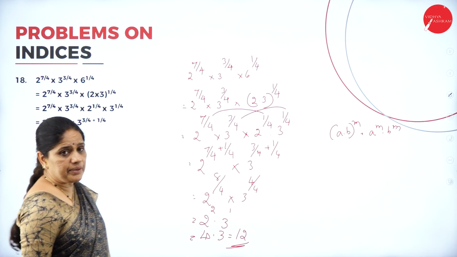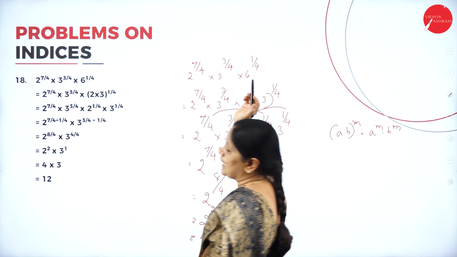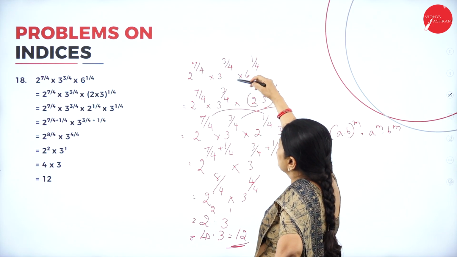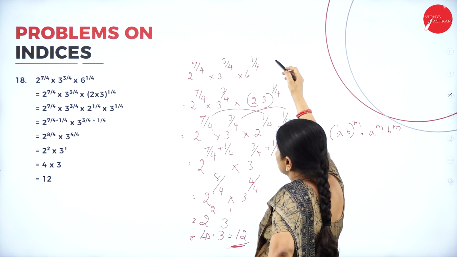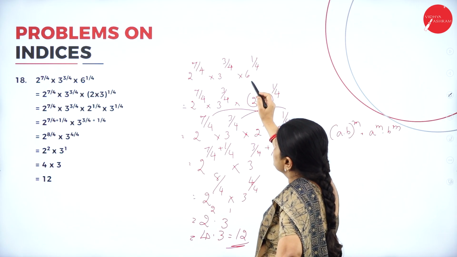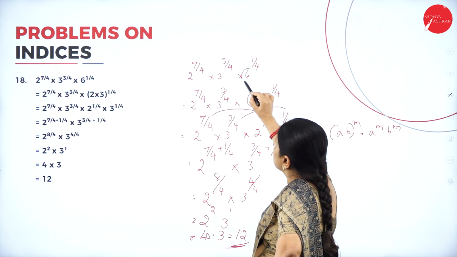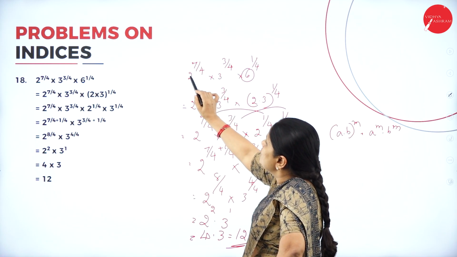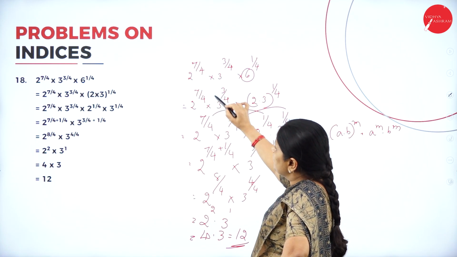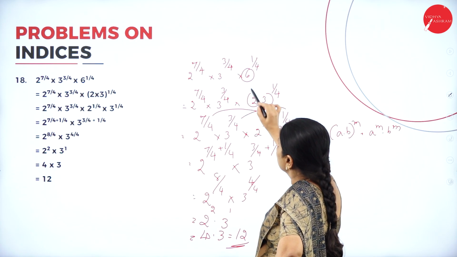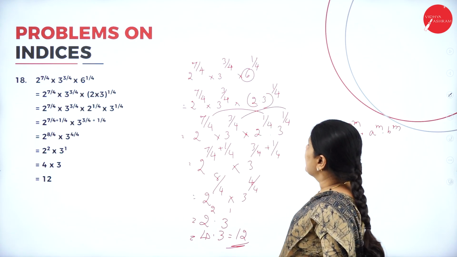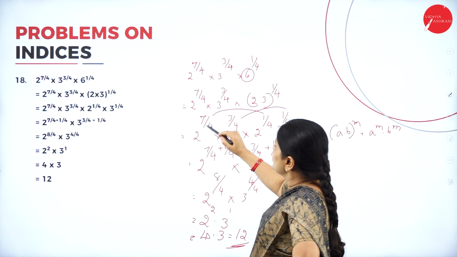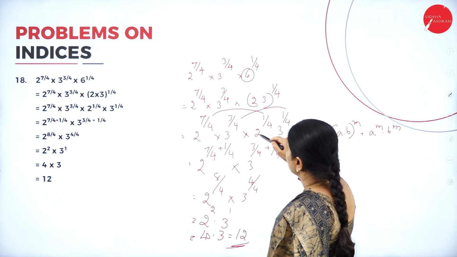So again I am repeating here. Whenever an expression is given like this, 2 to the power of 7 by 4 into 3 to the power of 3 by 4 into 6 to the power of 1 by 4, you try to simplify this number. You try to give it as an expression of 2 and 3. So this 6 I will write it as 2 into 3 to the power of 1 by 4.